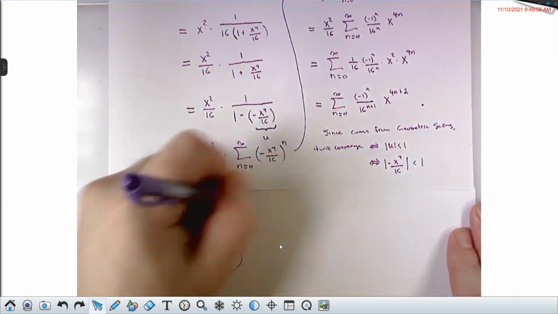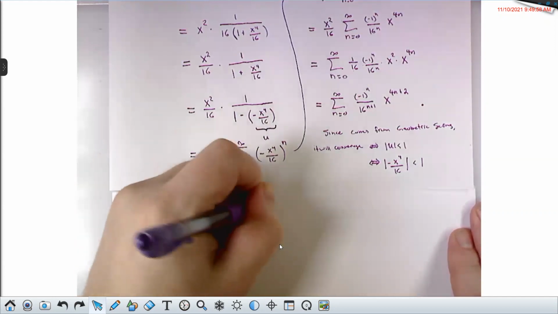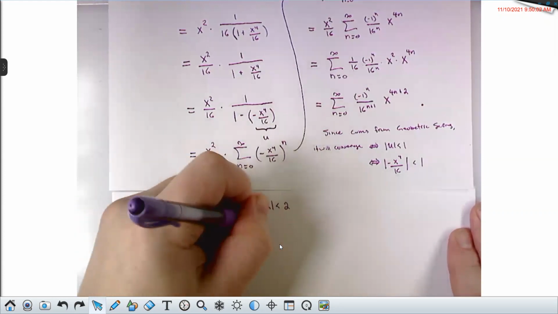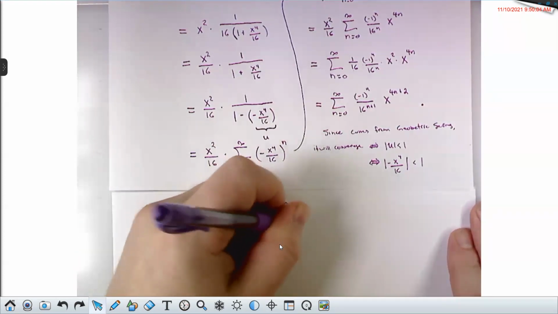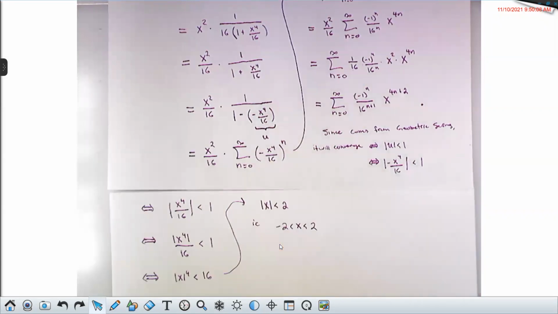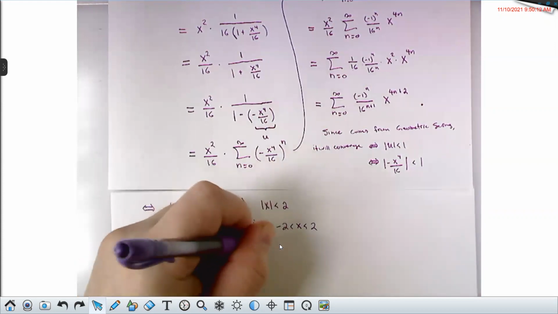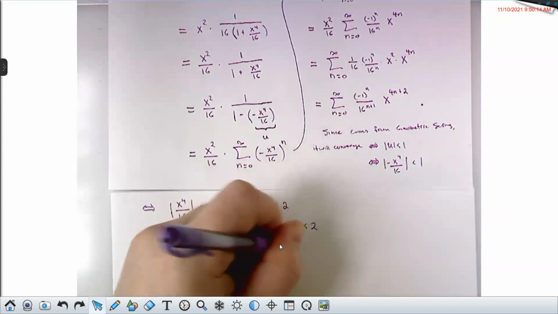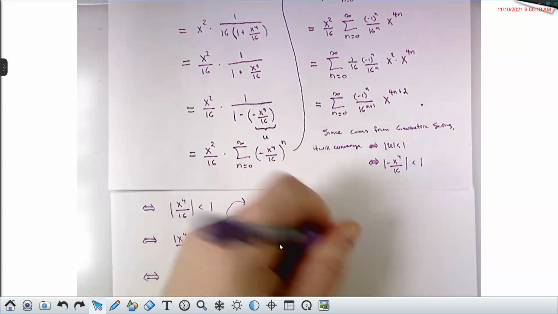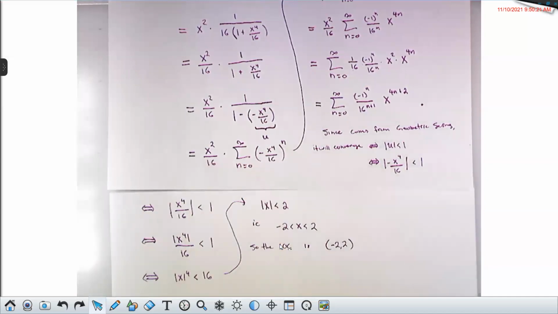Taking fourth roots, that's the absolute value of x is less than 2, i.e. -2 is strictly less than x is strictly less than 2. So the IOC is the open interval from -2 to 2. And we don't need to check endpoints.